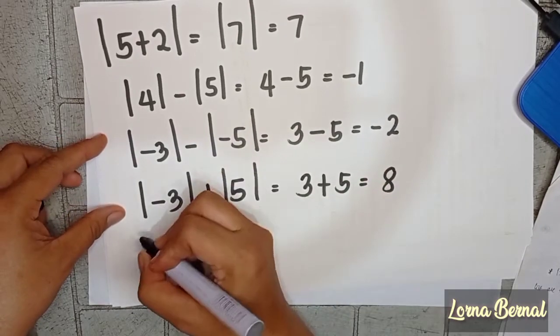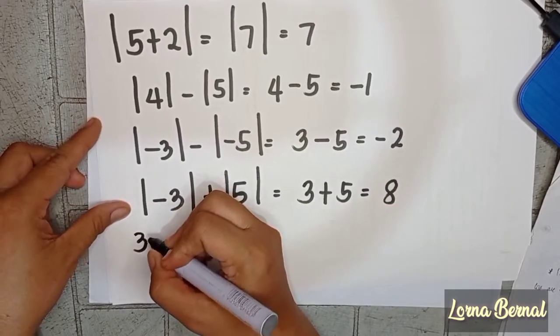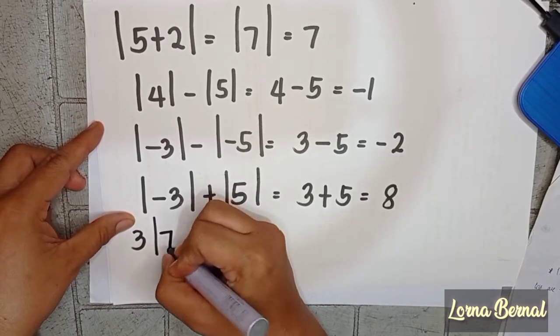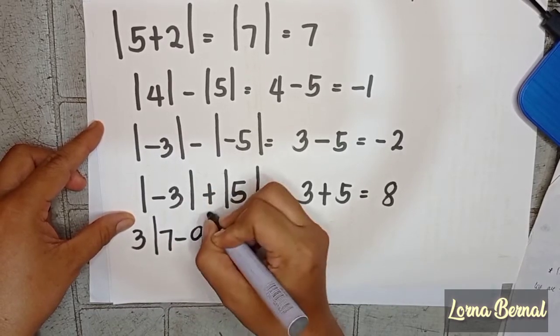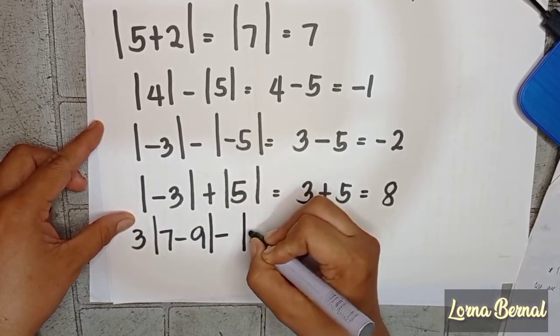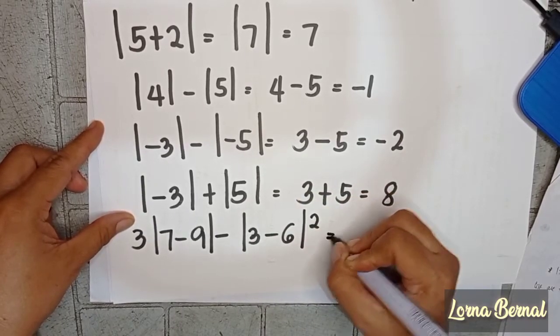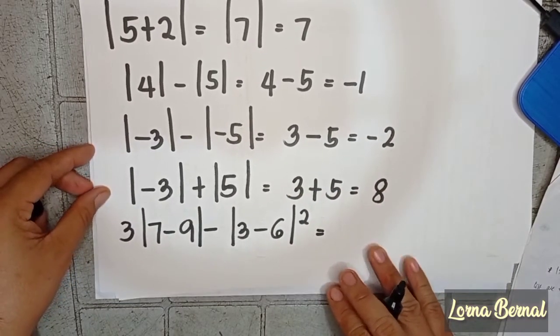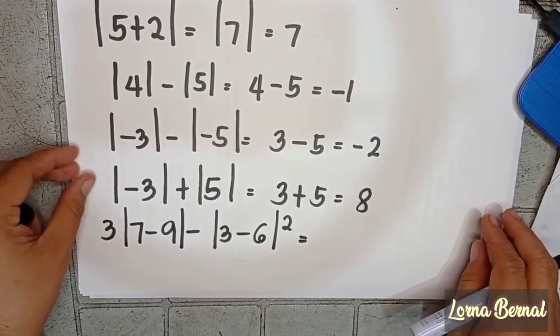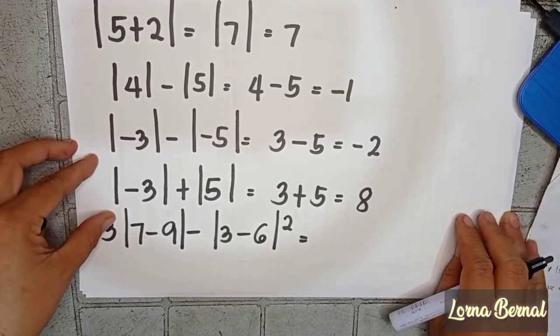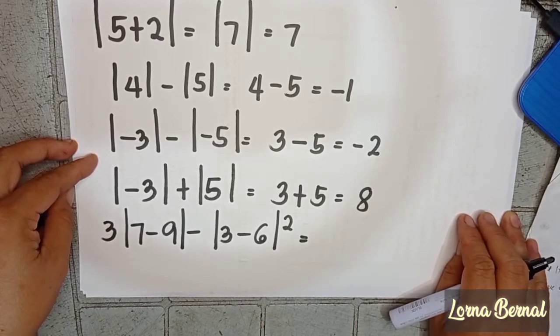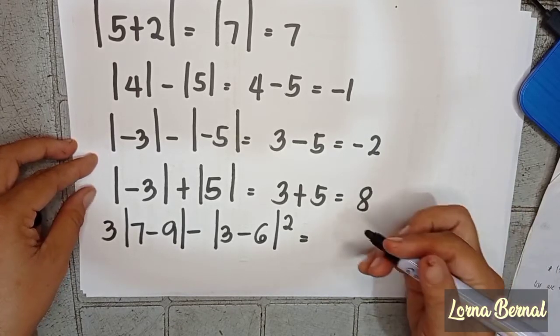Another. So let's have 3 times the absolute value of 7 minus 9, minus the absolute value of 3 minus 6, squared. So as a rule, we are going to simplify first those inside the grouping symbol. Absolute value notation is taken as a grouping symbol.